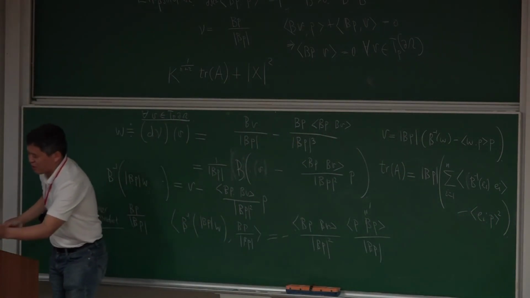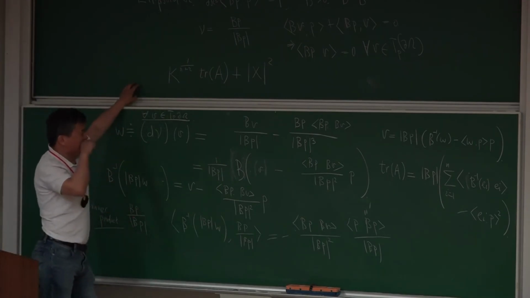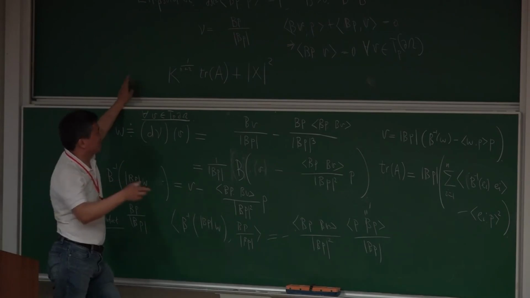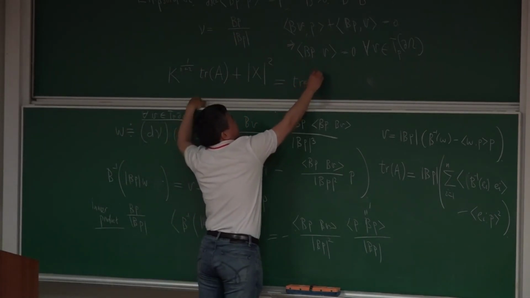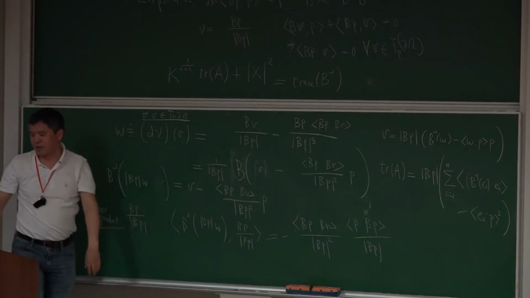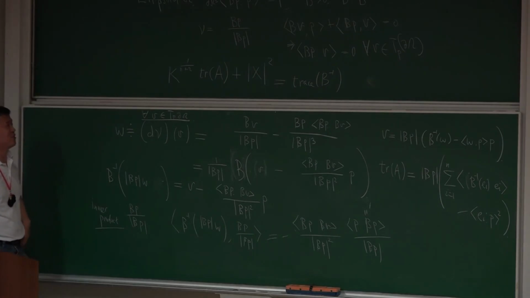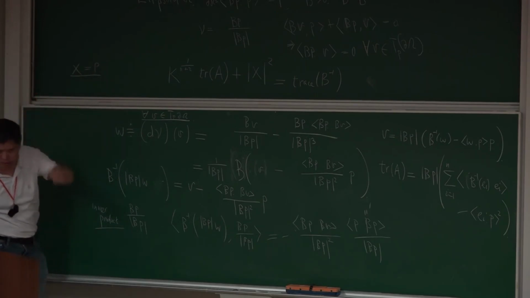So from here you can get this quantity, which equals the trace of B inverse. So that's the sum of the radius. My x is really just P. So x is the point of the position vectors.